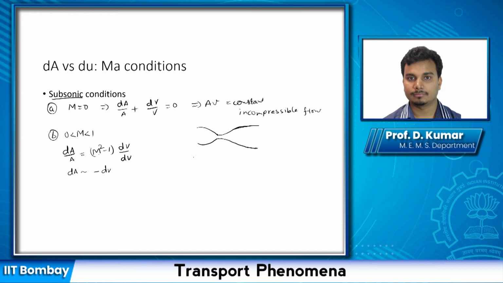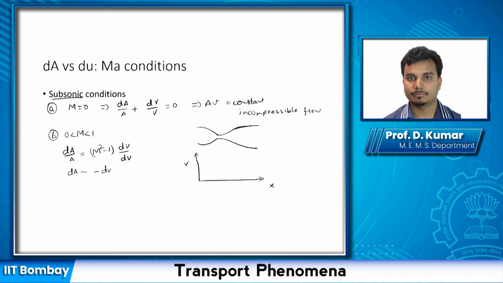So as area becomes smaller, velocity will be large. So let us plot. You could plot this as velocity, or V by a, or Mach number, but let us say velocity, how it will change with respect to x.